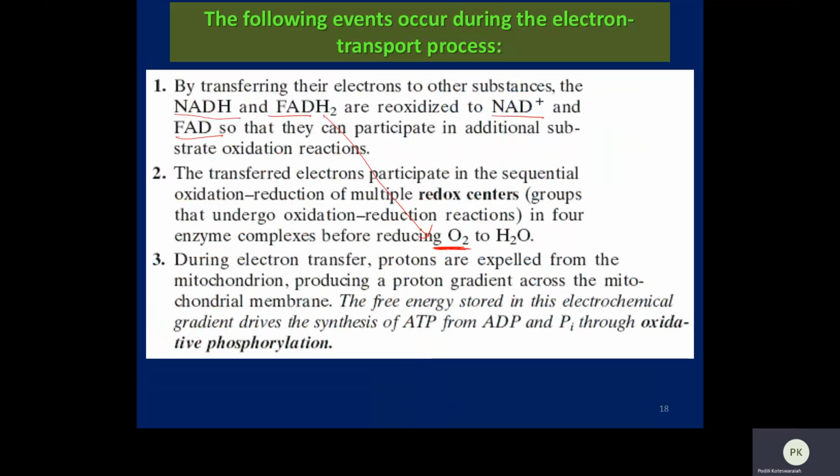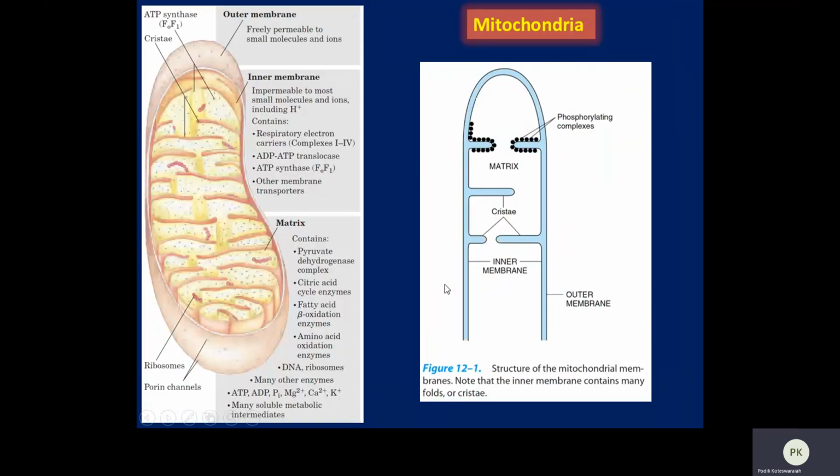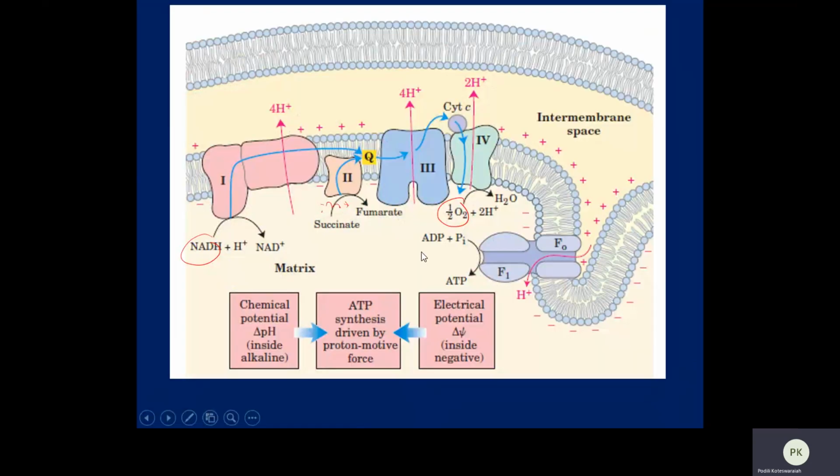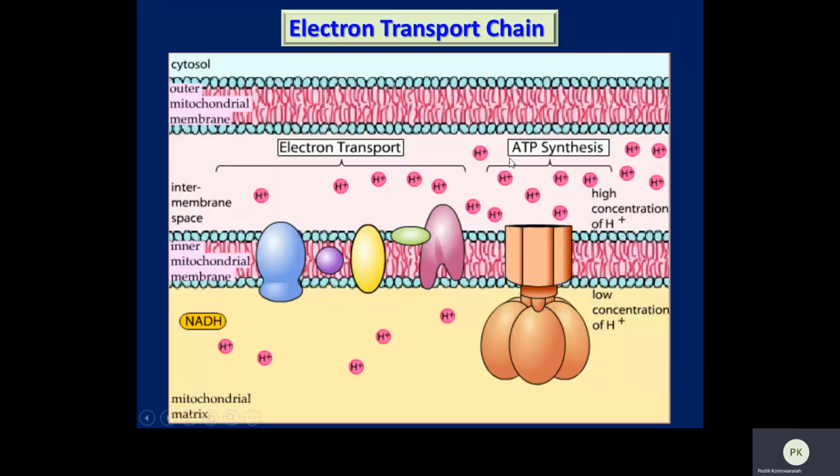And during this process, the protons are expelled from the matrix to the outside. You can also see here the protons are expelled. As a result, the proton gradient is formed.